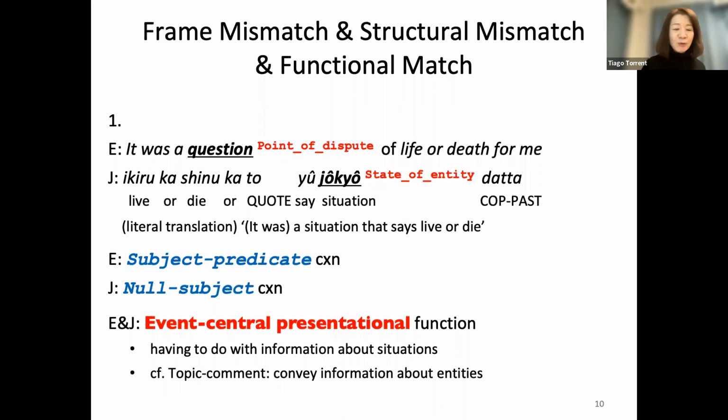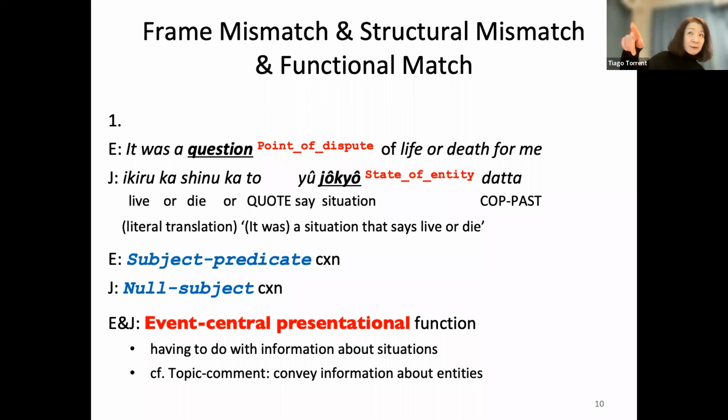So a literal translation would be like, it was a situation that says live or die. For the English, I used the names of constructions basically from the Berkeley FrameNet Constructicon. So the English sentence is an instance of the subject predicate construction, and the Japanese sentence is a construct of the null subject construction.